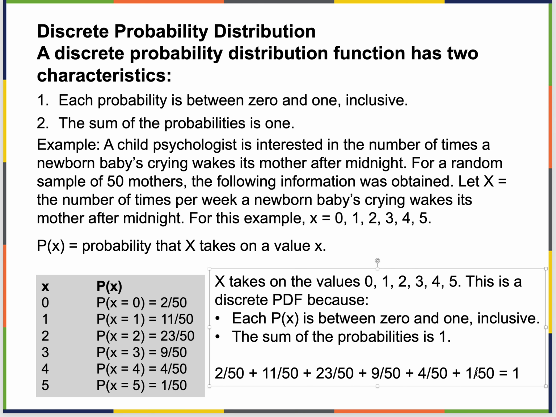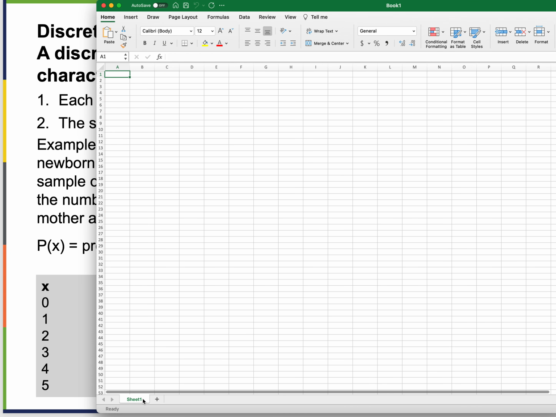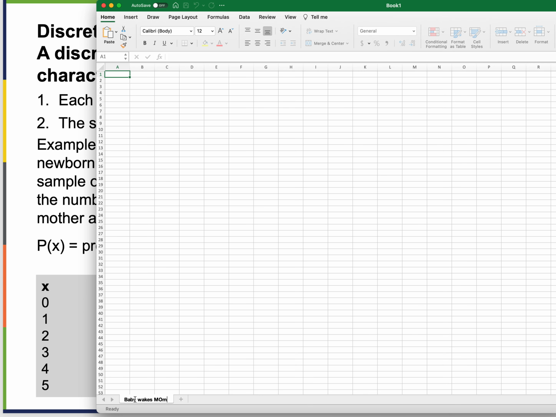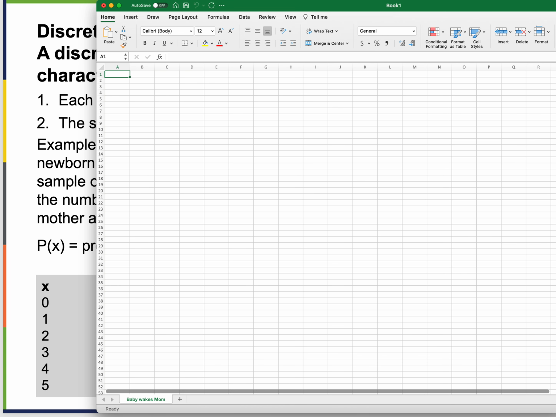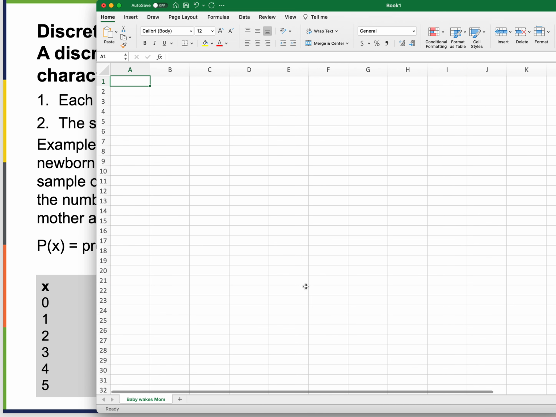And let me explain how this works. So let's look at this. Let's call this babies. Baby wakes mom. And let's make this bigger so we can see it.